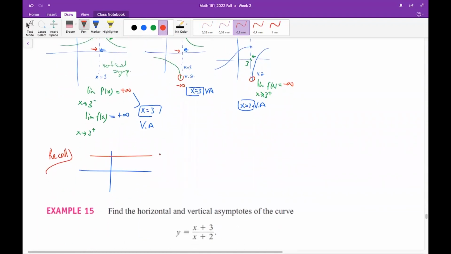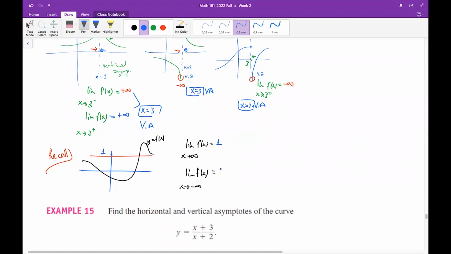A horizontal asymptote is a horizontal line to which your function approaches. For example, like that. So this is y equals f of x. If you look at the limit of f of x as x goes to infinity, let's say this number is 1 here, it is 1. Okay, and the limit as x goes to minus infinity.